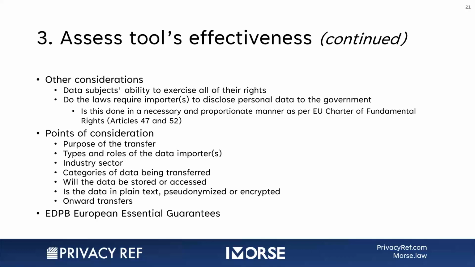These are legal requirements to make the limitations to data protection and privacy rights recognized by the Charter of Fundamental Human Rights that can be summarized by 4 essential guarantees that the EDPB requires. First, that processing should be based on clear, precise, and accessible rules.